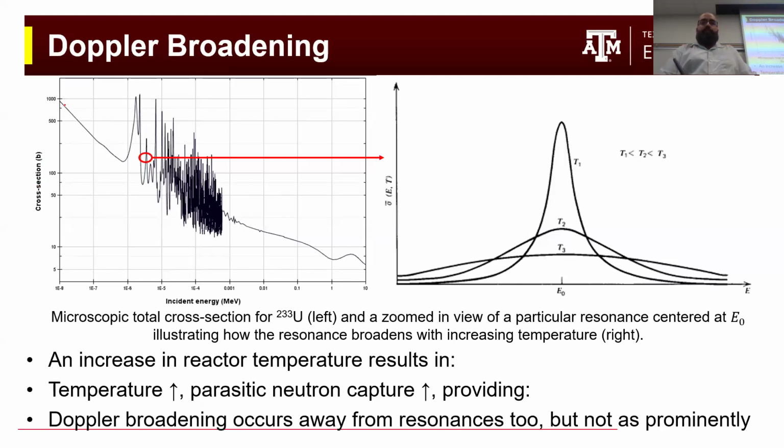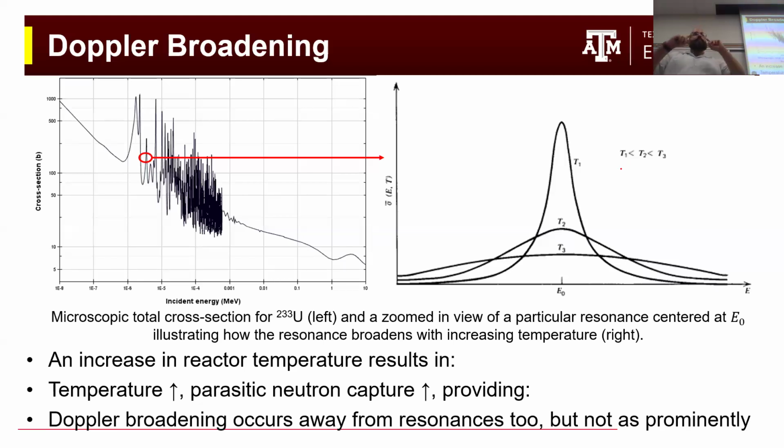If you think about the energy range, this would be low energy, this would be the intermediate energies, and then these would be high energies. And in this intermediate range, you have this resonance region where the cross section is doing all this crazy stuff. And what we want to imagine is that if we were to peak on any one of these individual resonances, we would see a plot that looks something like this.